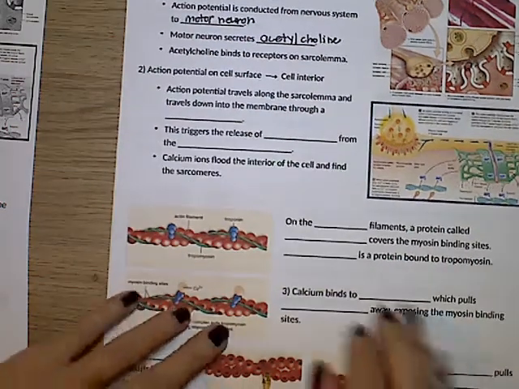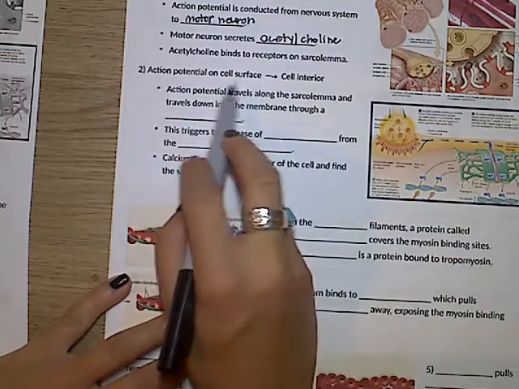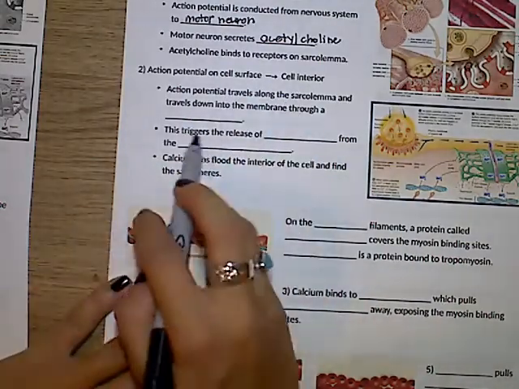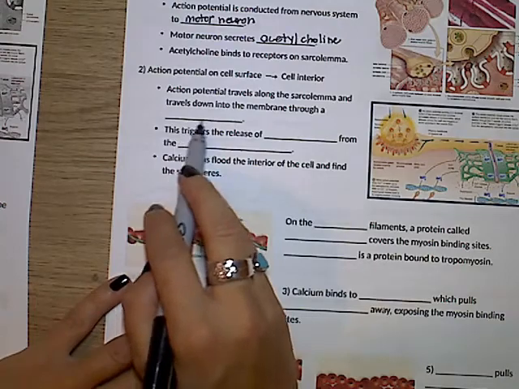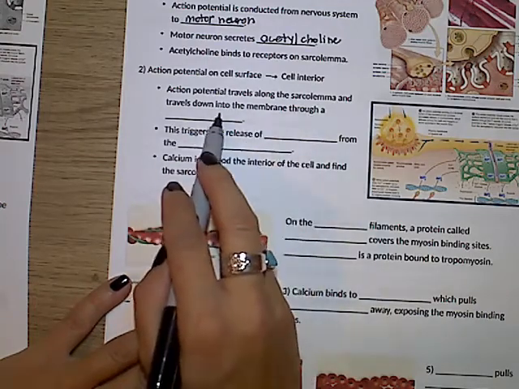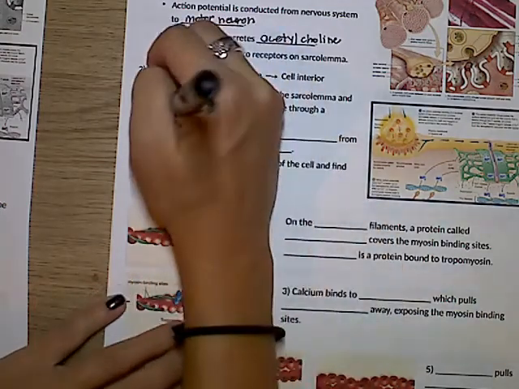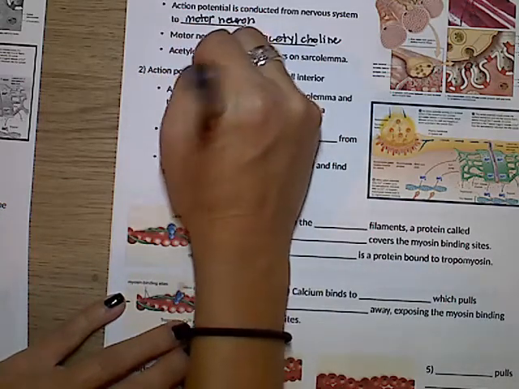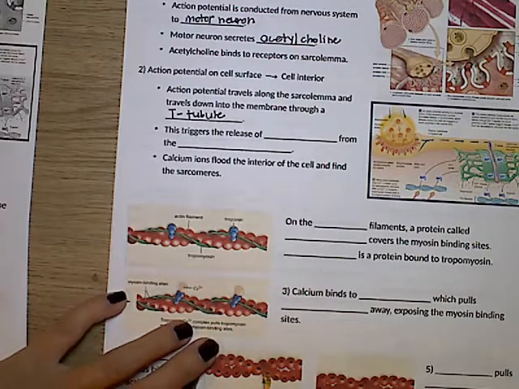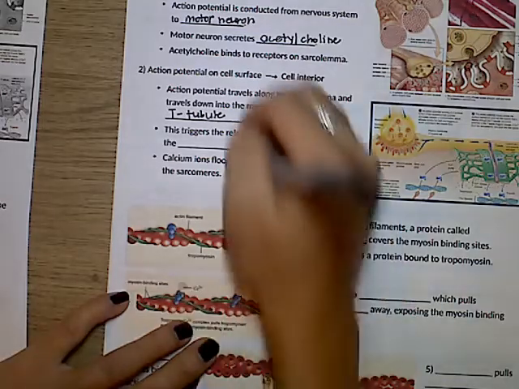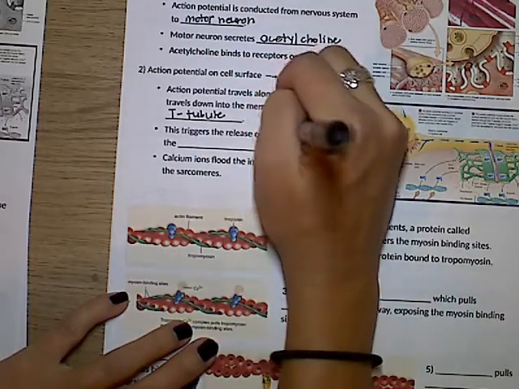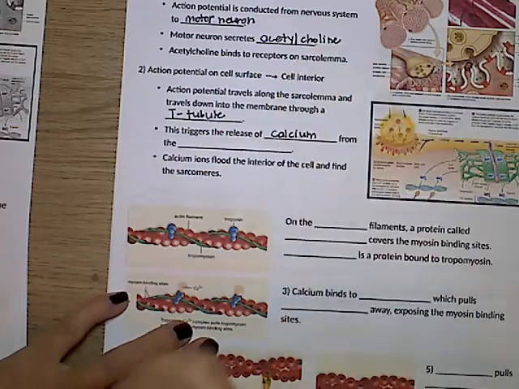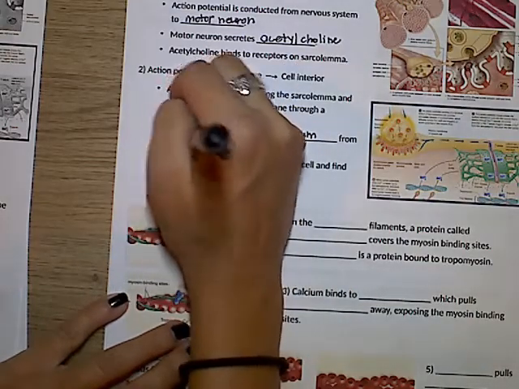Okay, on to step two, action potential from the cell surface to inside the cell. The action potential travels along the sarcolemma and travels down into the membrane through a T-tubule, one of those invaginations of the cell membrane that we talked about. This is going to trigger the release of calcium that has been stored in the sarcoplasmic reticulum.